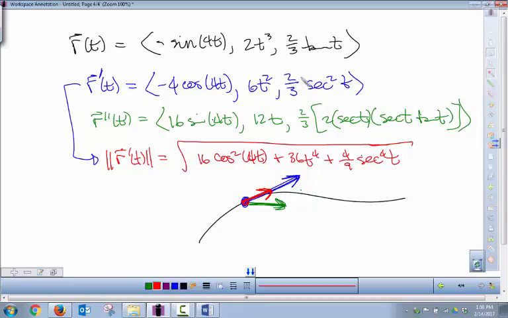I'm taking the derivative, yeah, I think I did that right. So I essentially took each of these, squared them, added them, and put them under a square root. So if I divide R prime by the R prime magnitude, I'm going to get a unit vector.